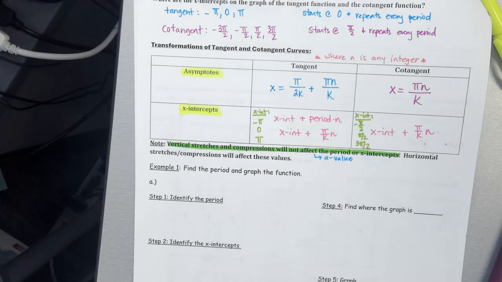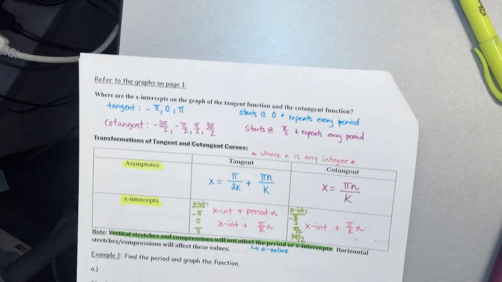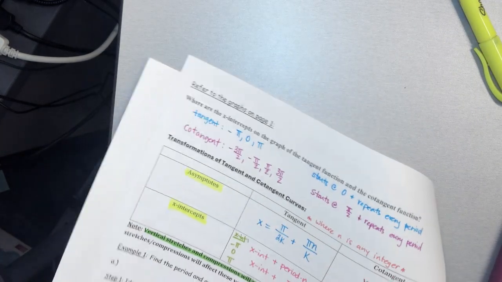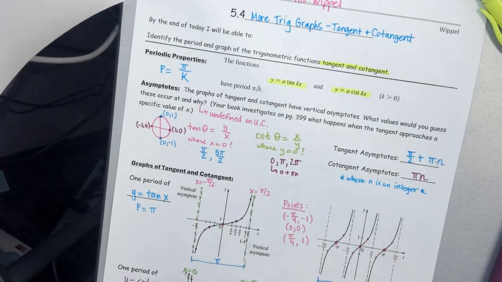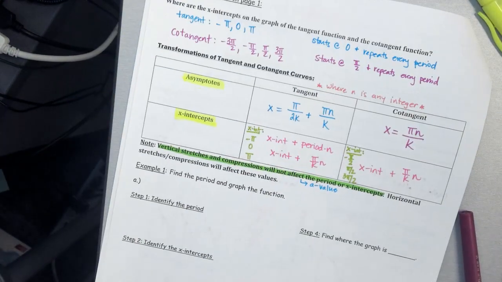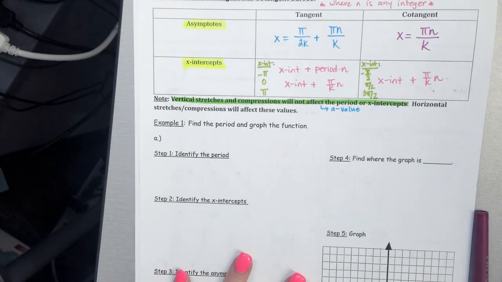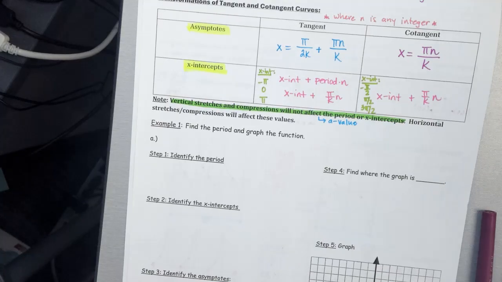What is the max for a tangent? What's the highest value it goes to? Infinity, right? So you can't calculate halfway between infinity and negative infinity. I know it feels like it should be 0, but you can't calculate what that amplitude is. That's why we don't have to find the amplitude for these.